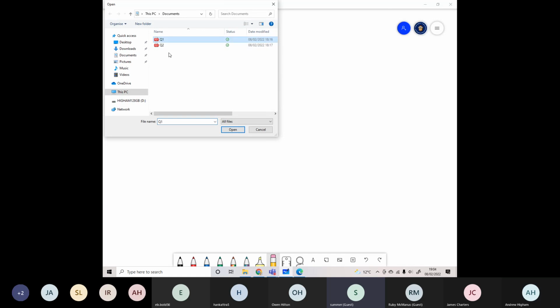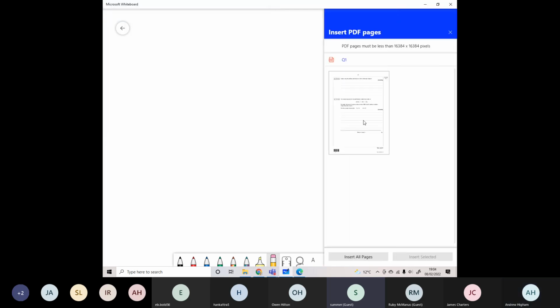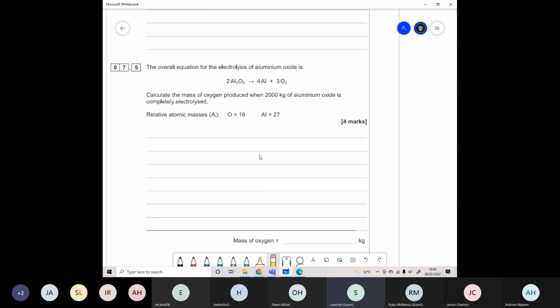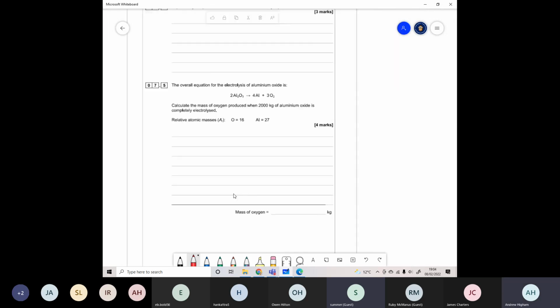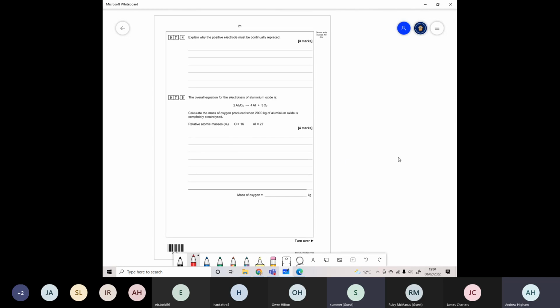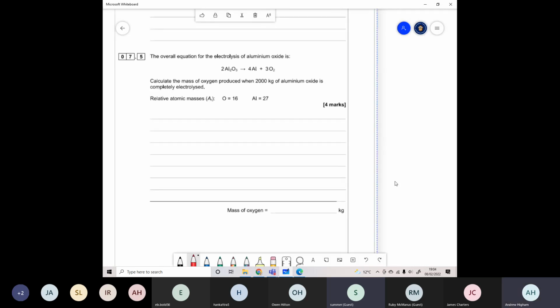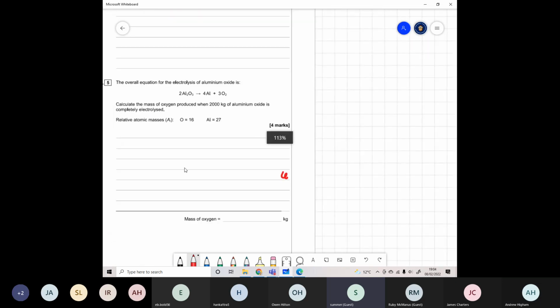If they give you a mass and they give you the AR values, they're basically wanting you to work out the number of moles.